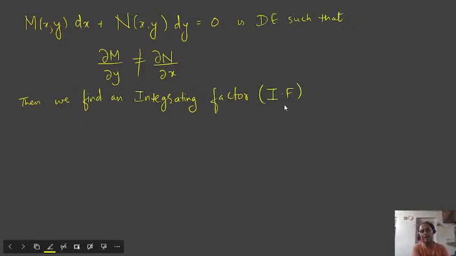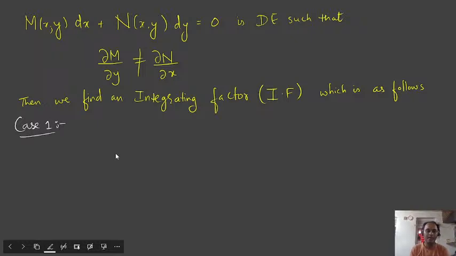So there are four cases we are going to see over here, which are as follows. So case number one, case 1. What is case 1?